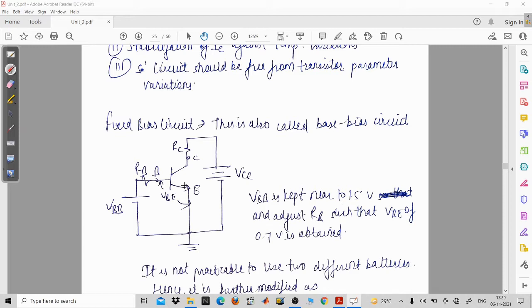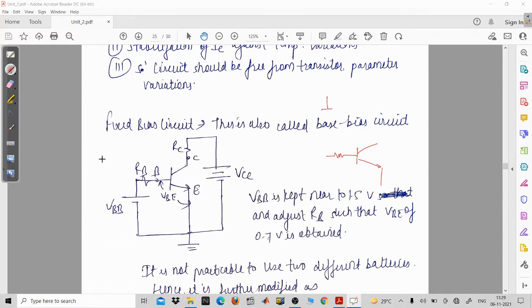So in that case, you will just have to take the 180 degree version of it. So you can draw this circuit in this fashion also. We are not changing the circuit, we are just simply modifying it.